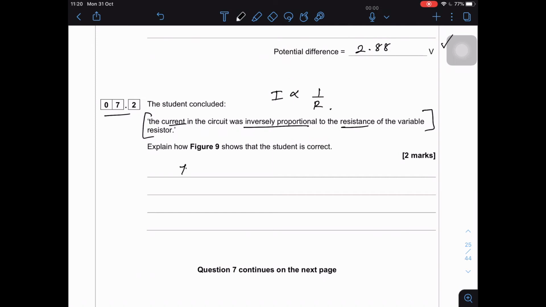So the graph shows that as current increases, the resistance decreases.